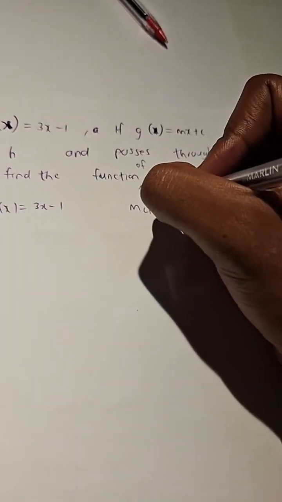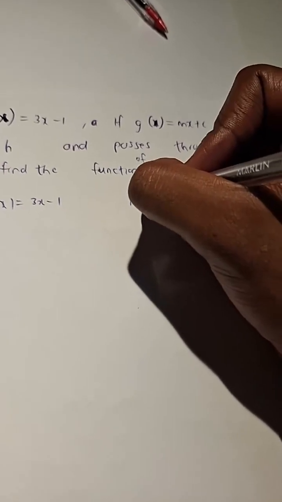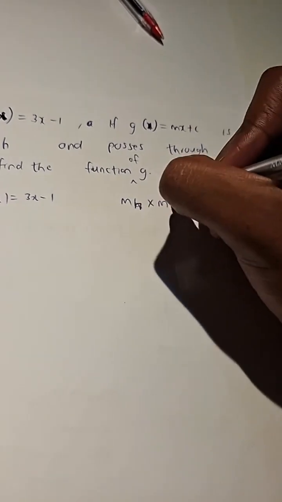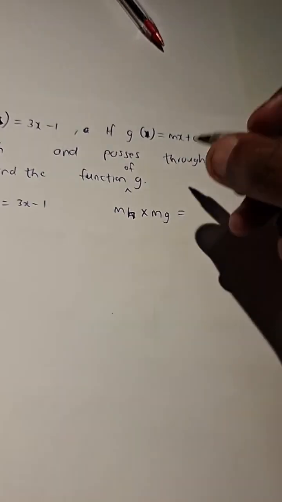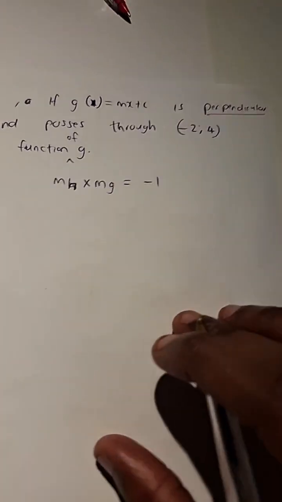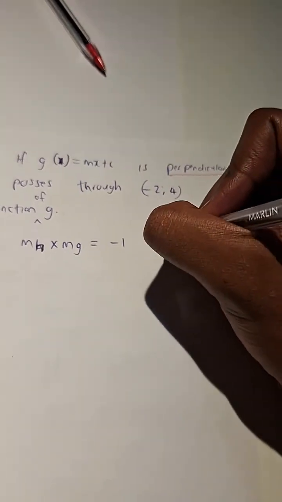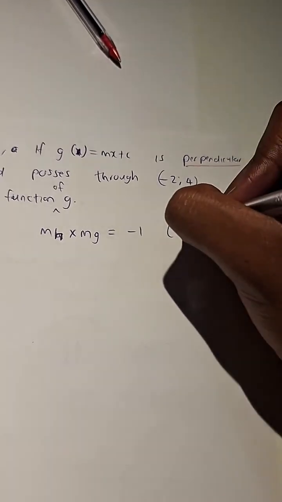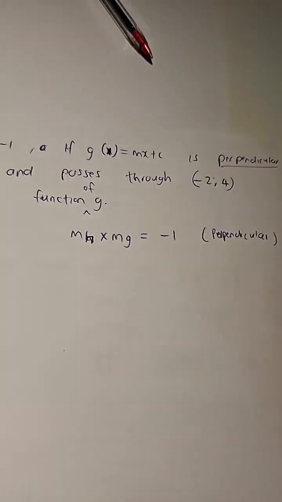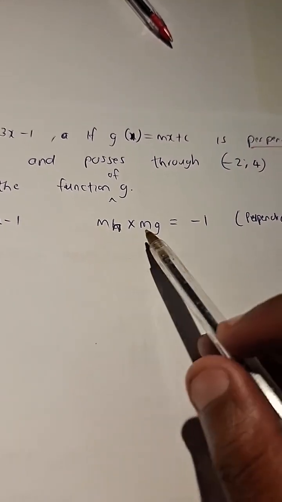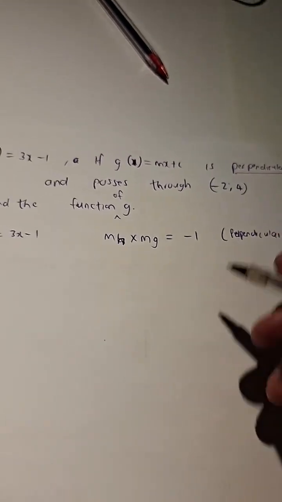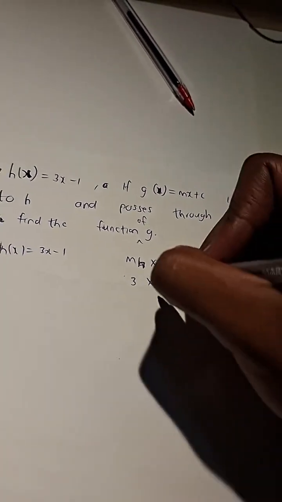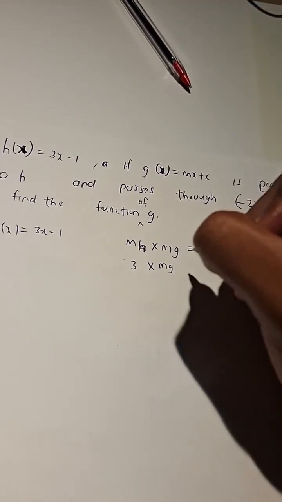So this is the gradient of h times the gradient of g should give us what? -1. Why? Because the lines are perpendicular, right? That's why. What's the gradient of h? It's 3. What's the gradient of g? That's what we want to find.